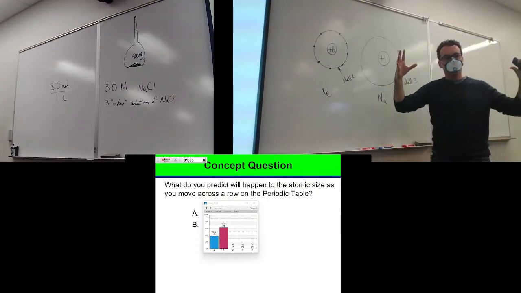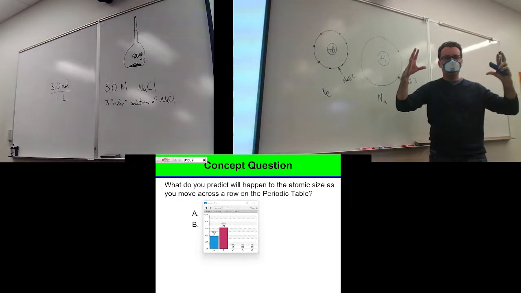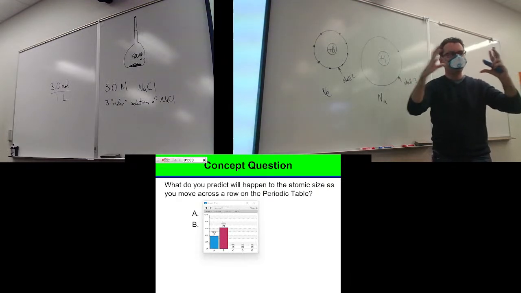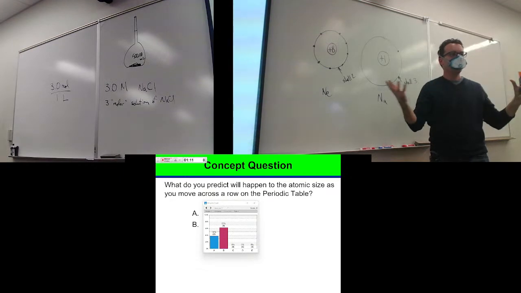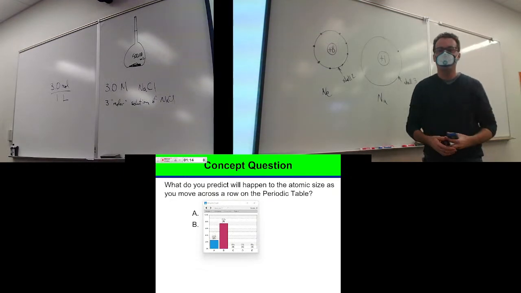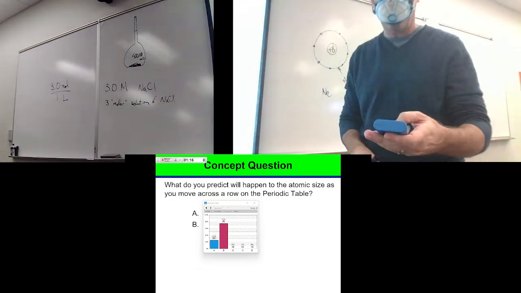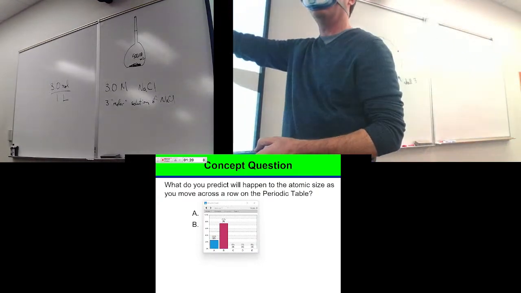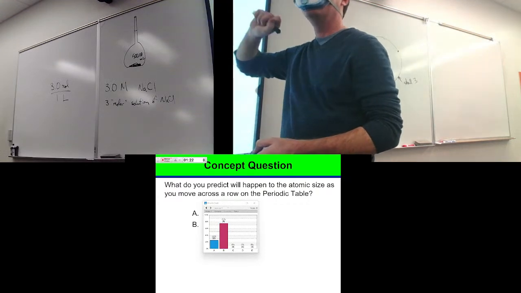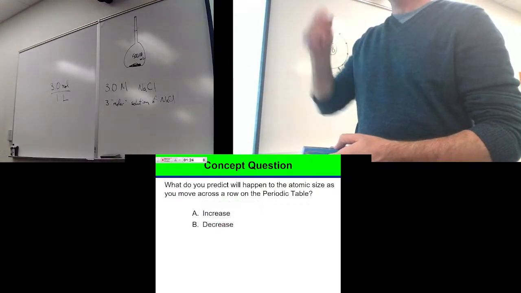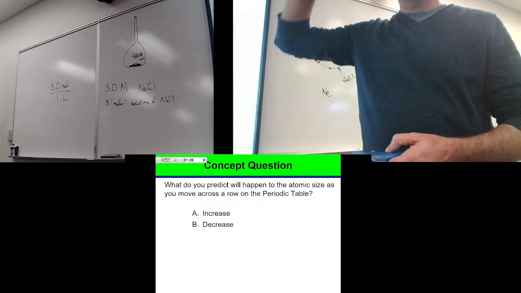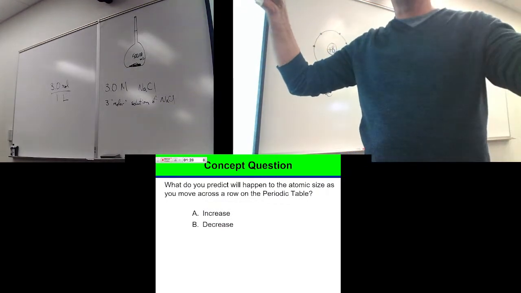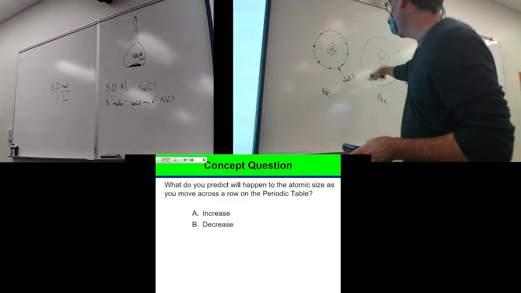And what that core charge is doing is making the shells a little bit smaller. It's pulling those electrons a little bit closer because of the charge attraction there. So as you go from sodium to argon, they do get smaller. It's a little bit counterintuitive. You're adding more things, but it's shrinking because they're all going to the same shell.